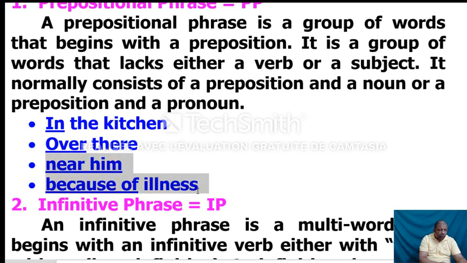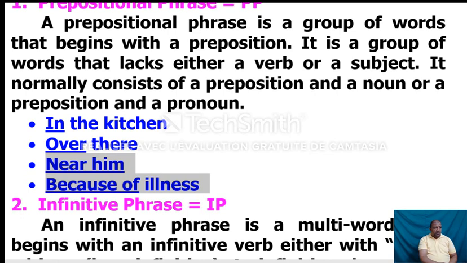The same for near him. So near is a preposition and it is followed by an object pronoun. Because of one unit, it is a preposition followed by a noun.